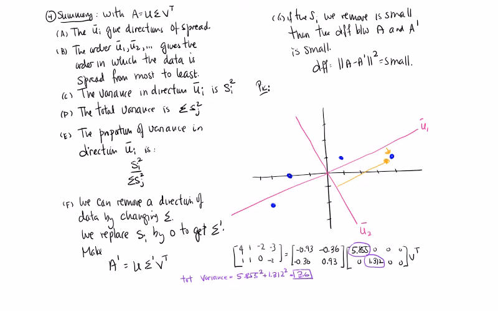For the point that's above it and to the left, we've got variance in the U1 direction, variance in the U2 direction. For the other one, we've got variance in the U1 direction and the U2 direction.